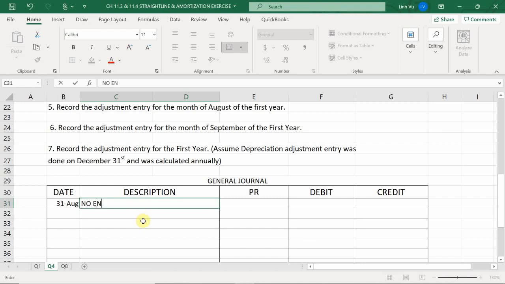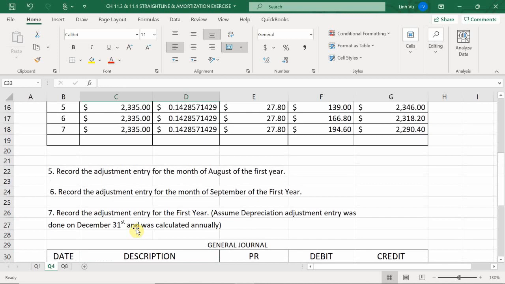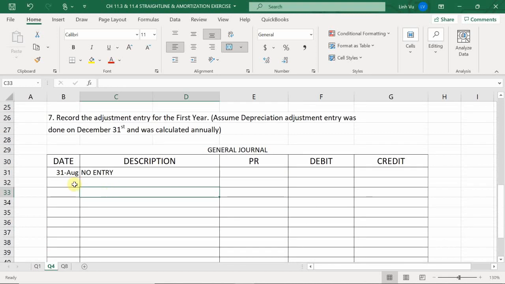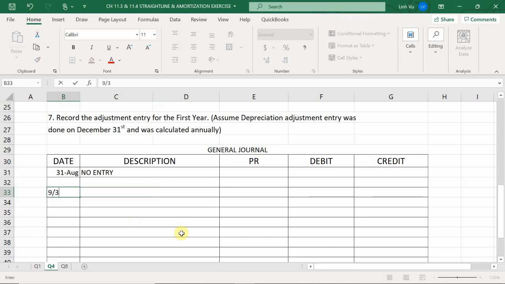So no entry. Okay. So then question number 6 says, now record the adjustment entry for the month of September for the first year. So then this one now is going to be, if it's September 30th, then you can go ahead and say that yes, I can depreciate it.